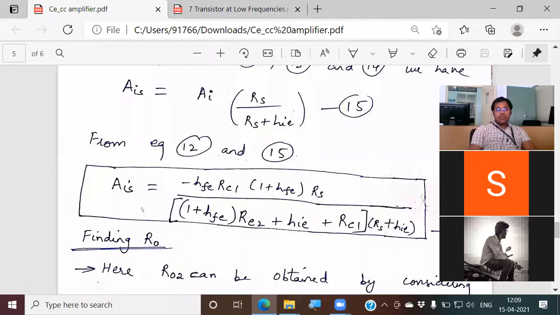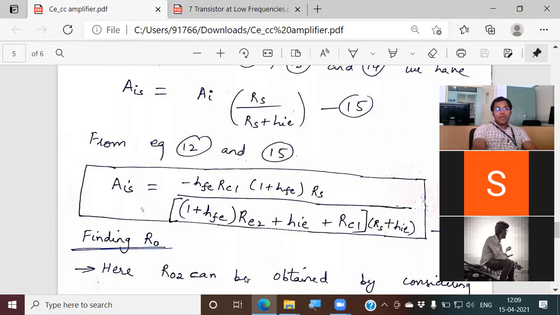All should get the same answer, isn't it? Probably you are making mistakes with the brackets. Here, 1 plus HFE is only multiplied to RE2. This is a single term, plus HIE is a single term, RC1 is a single term. This whole term is multiplied with RS plus HIE.